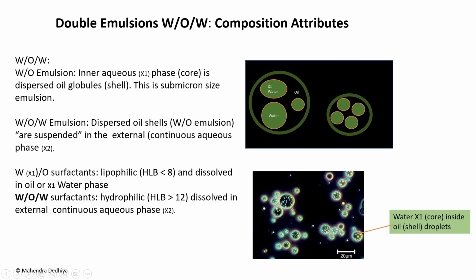It has an emulsion of water and oil that's again emulsified into a continuous phase, as shown here. This is a water and oil emulsion containing water droplets as a globule phase, and then the entire emulsion is re-emulsified, or double emulsified, into a continuous phase, in this case water.